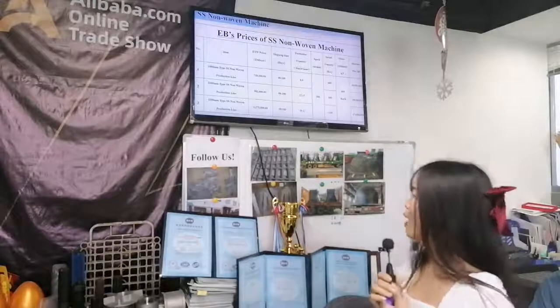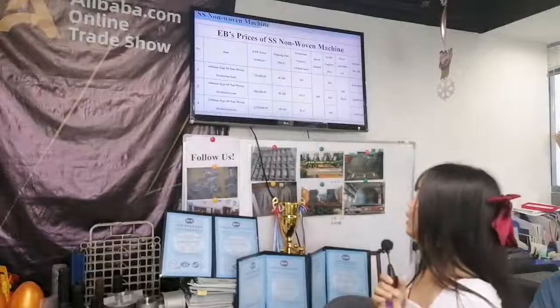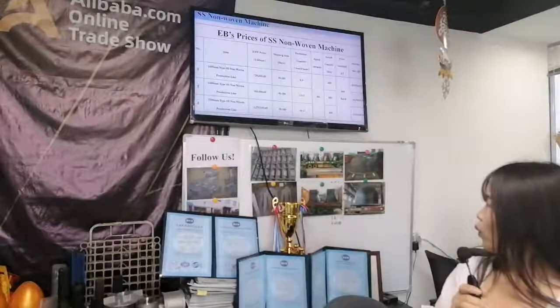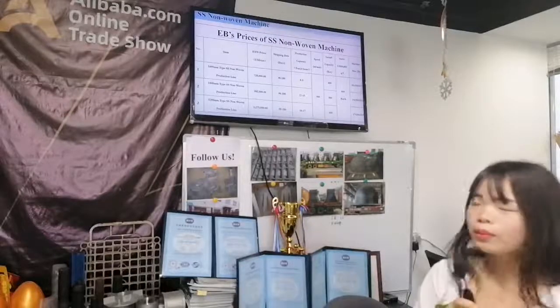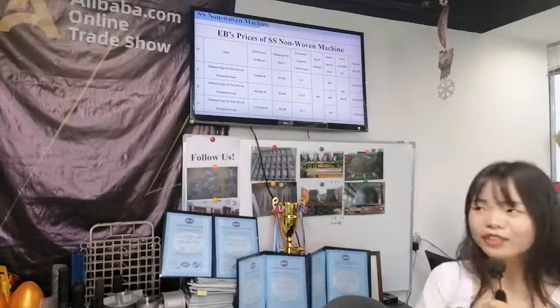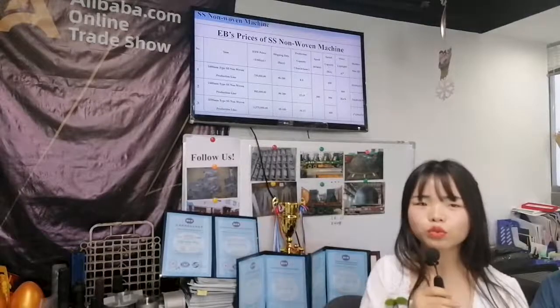Type 3 is the 3200 mm type SS non-woven production line. This product process is 100 with 1,273.